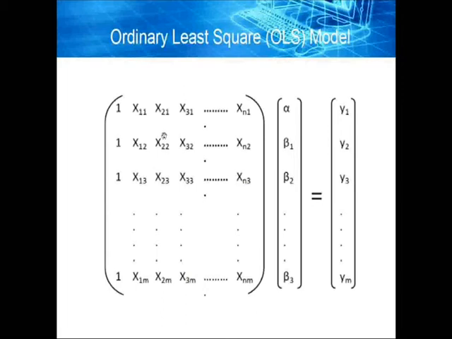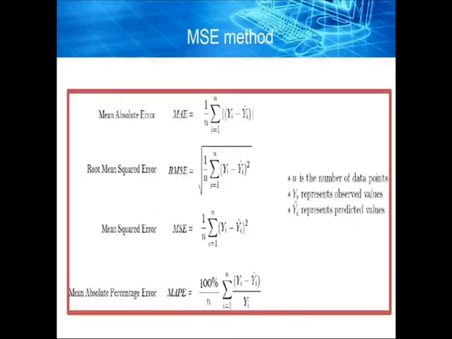There are some error functions used to find the error, such as mean absolute error, root mean squared error, mean squared error, and mean absolute percentage error. In all these scenarios, we consider the difference between the observed value and the predicted value, and we make it positive, either by a mod function, by taking the square term, by taking the percentage of this difference, or by averaging the difference.